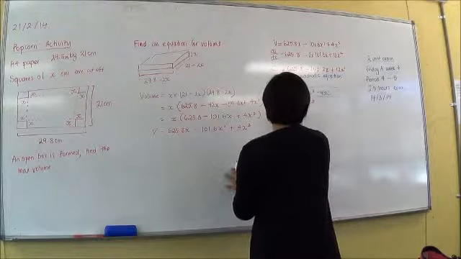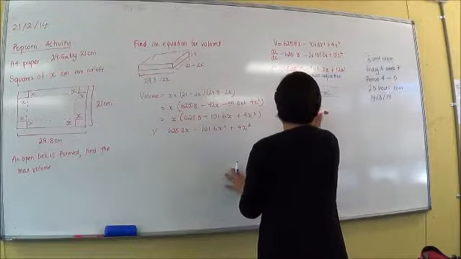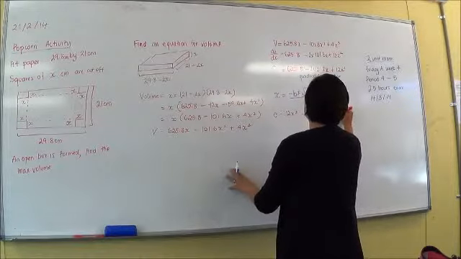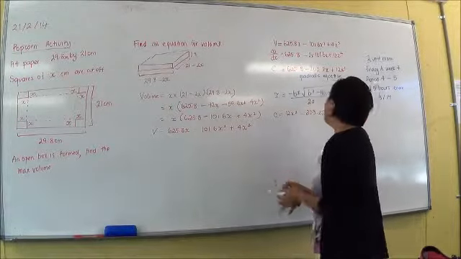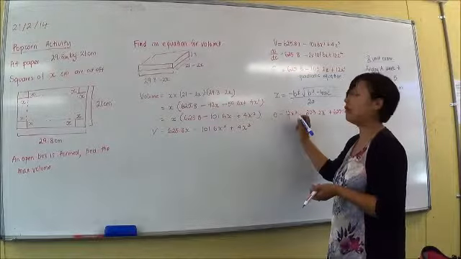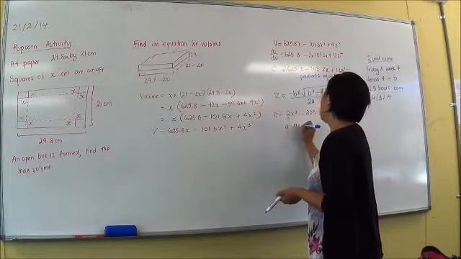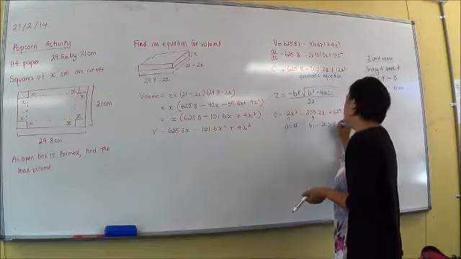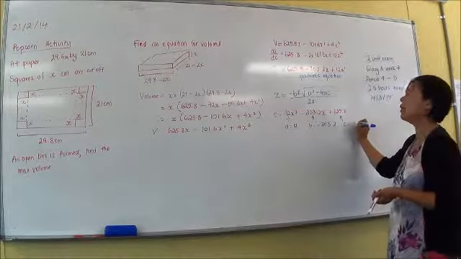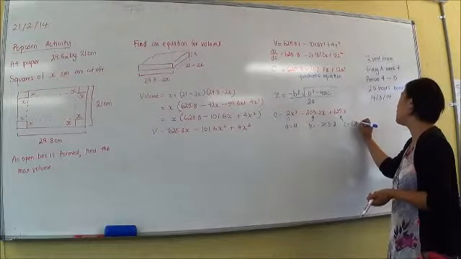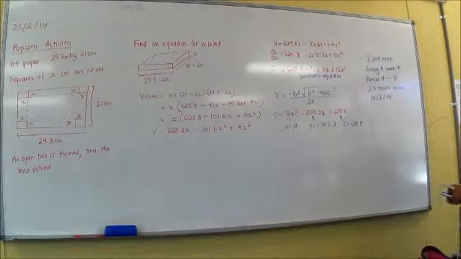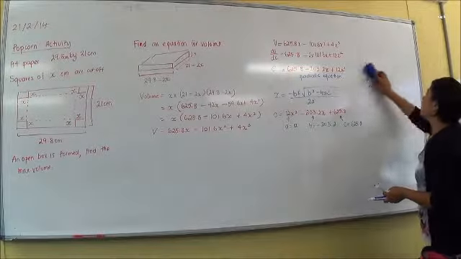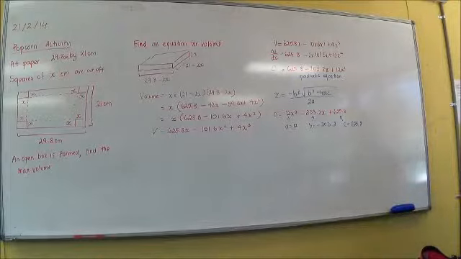So rearranging this, it's 12x squared minus 203.2x plus 625.8. So a is going to be 12, b is negative 203.2, and c is 625.8. Now you can substitute that into the quadratic equation.